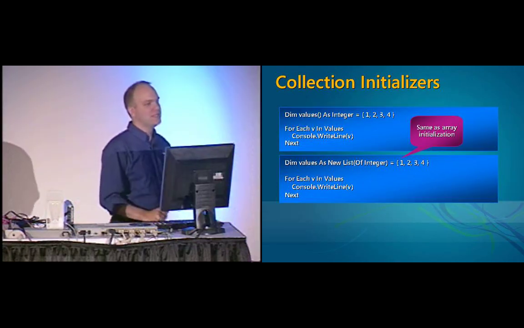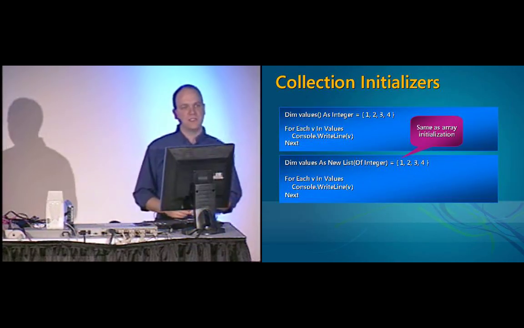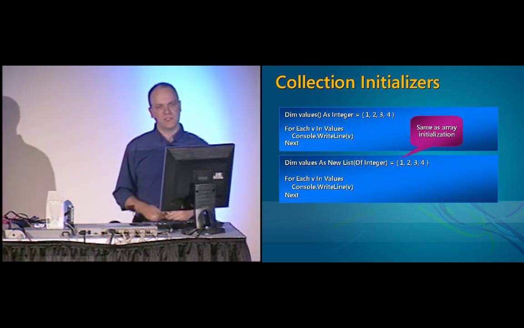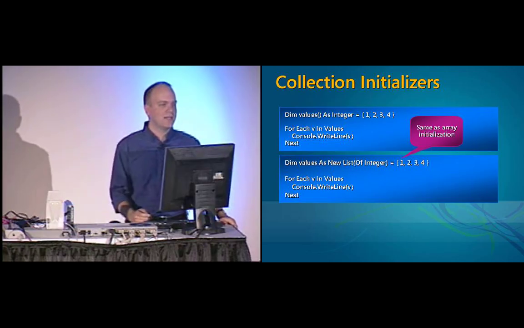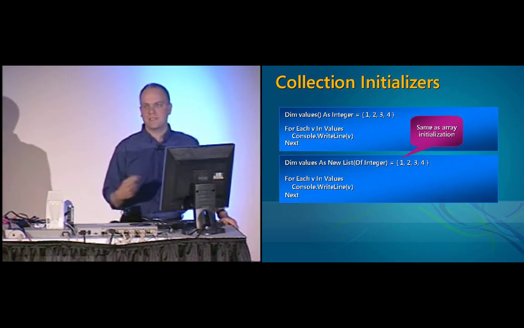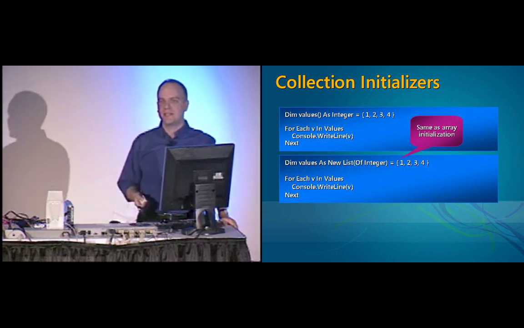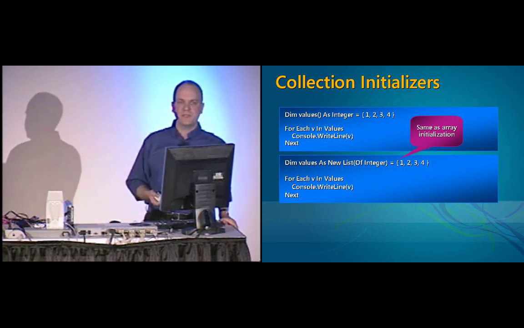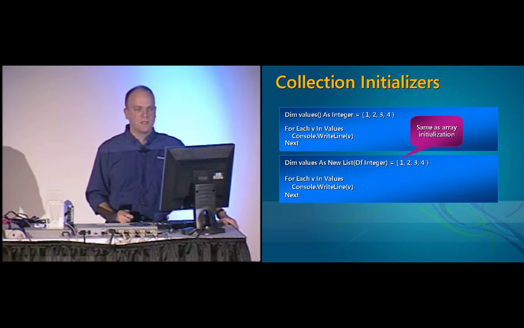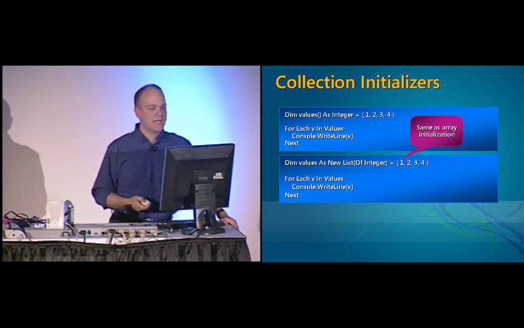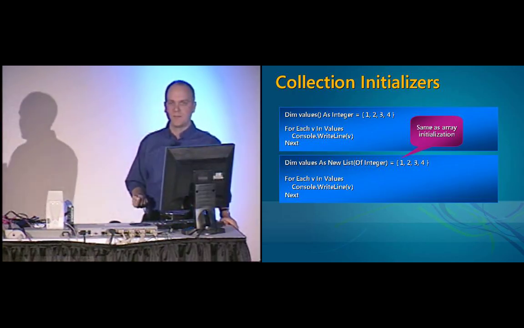So now, along with object initializers, we're also working on collection initializers. Now, this is code that works today in Visual Basic 2005. I'm initializing an array of integers with a set of values 1, 2, 3, 4. Now, the unfortunate thing, of course, is that if I wanted to initialize a list of integers, a generic list, I can't use this syntax today. So what we've done is extended the language to allow that.